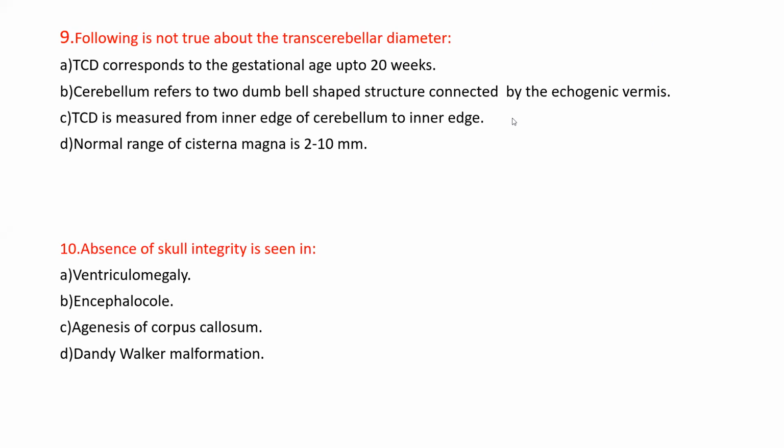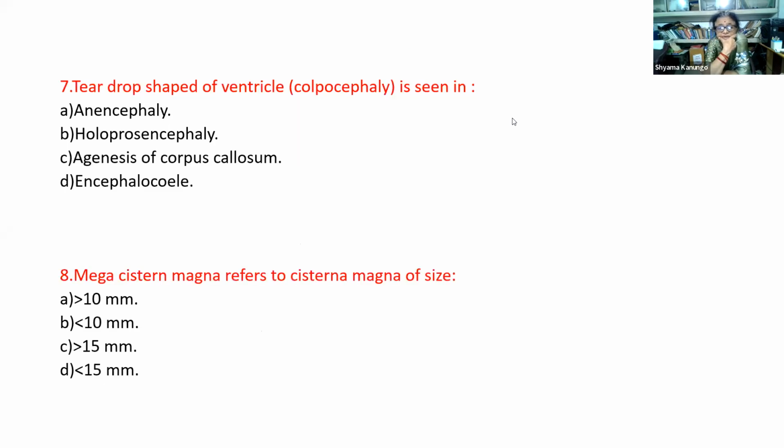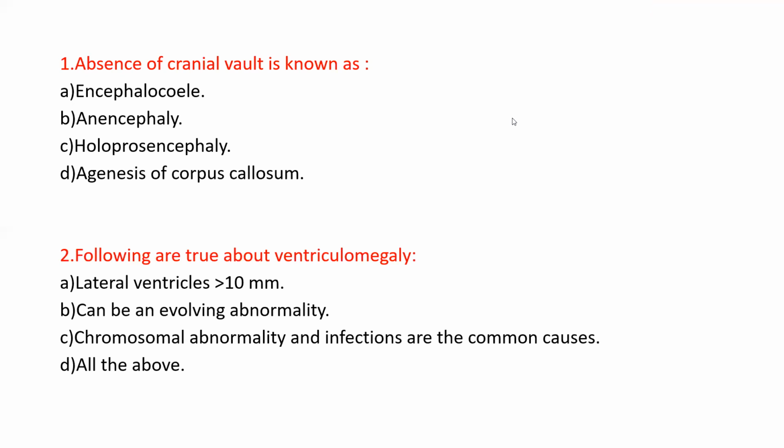So I think we get back to question number 1 and let Hashmukh sir as well as Professor Khurana discuss those questions. Absence of cranial vault is known as anencephaly, the correct answer. The cranial vault is missing, so initially the brain is floating and subsequently the amniotic fluid erodes the brain tissue and the whole shape of the head becomes flat.